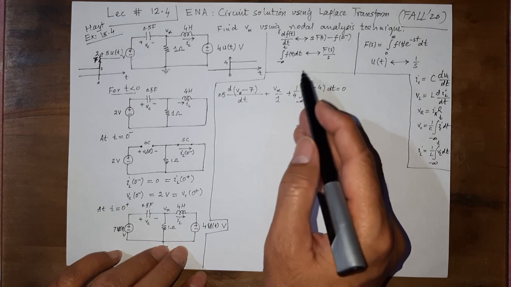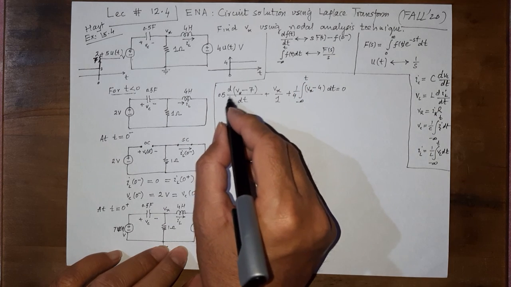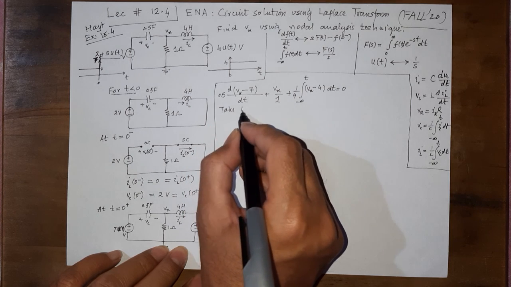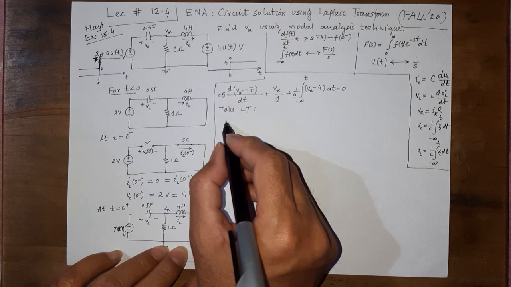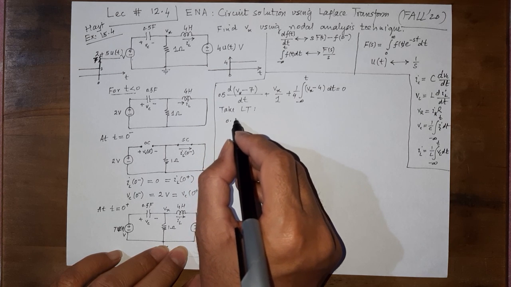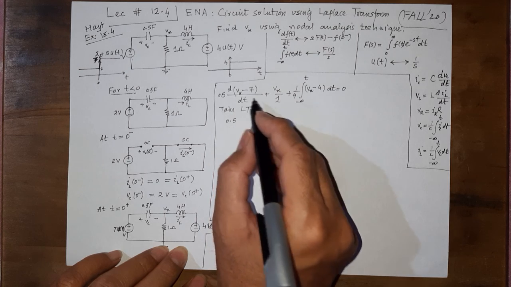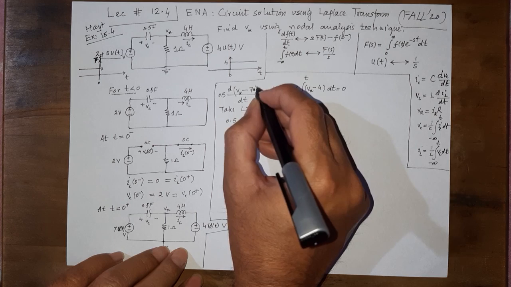So basically, making use of these, we can very easily see. Let us take the Laplace transform throughout. So what do we get? 0.5 times the Laplace transform of Vx minus 7. This 7 is actually 7 u(t). Do not forget that.